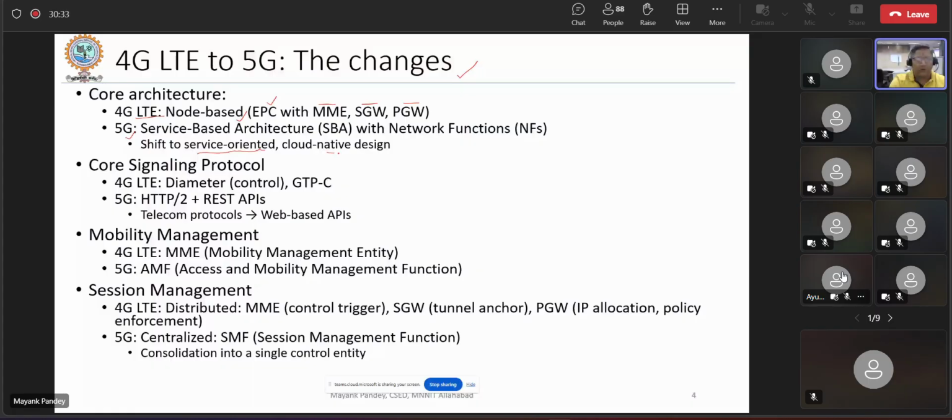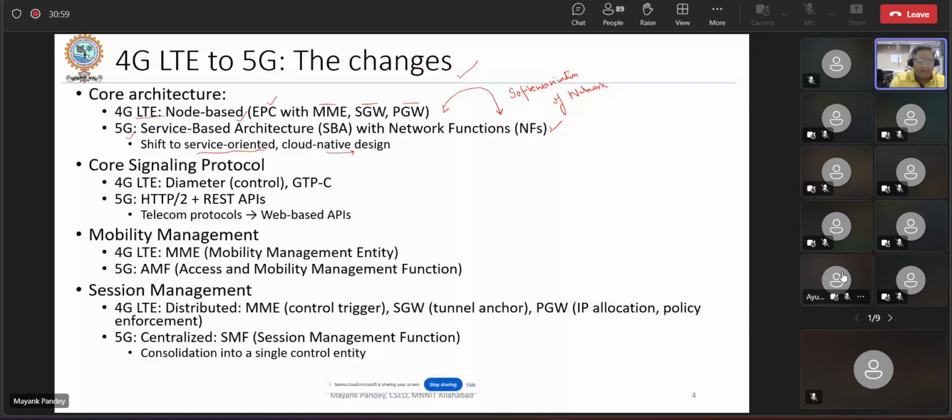So this is the term we use nowadays: softwareization of network. Whatever network you were having is getting into a software form, into the form of a Docker where the logic has been implemented.